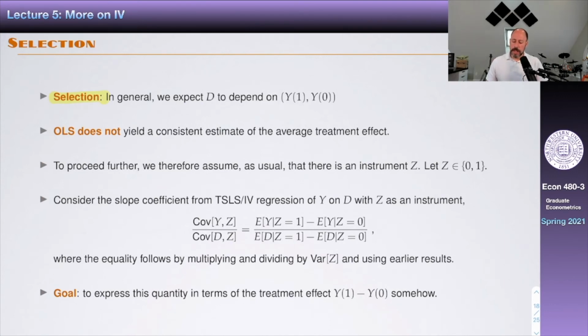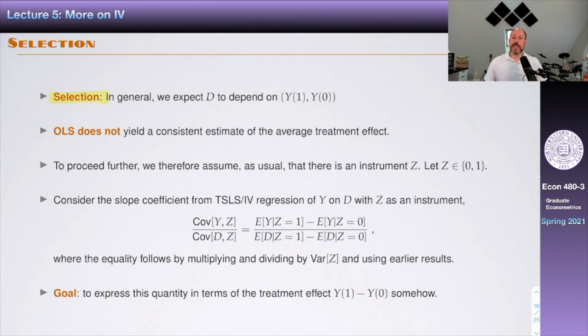You may be somebody that is more willing to take the drug, having D equals 1, when your Y0 is high, if there's a measure of risk. For example, dying. If the probability that you die is really high, you may be willing to take D equals 1, take a new medication, even if that medication could have side effects. Whereas somebody who has a low value of Y0, a healthy person that is not facing much risk without the medication, may be less willing to set D equal to 1.